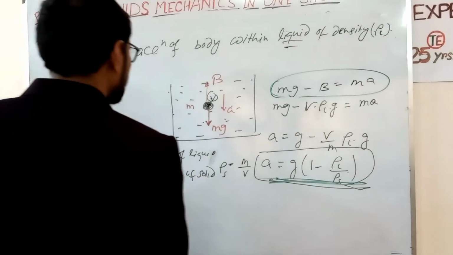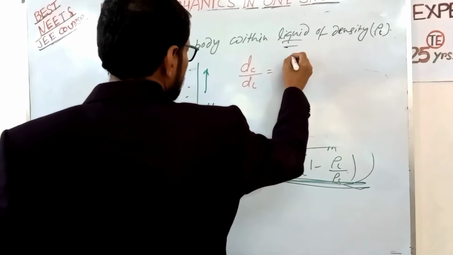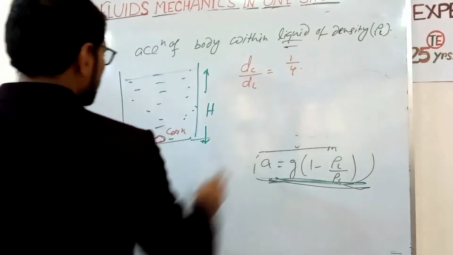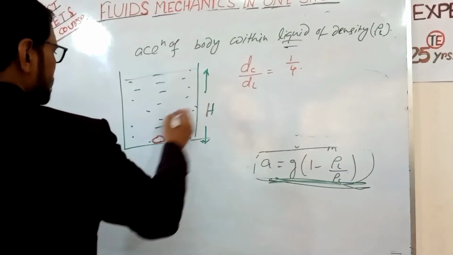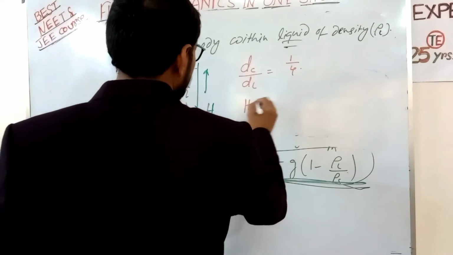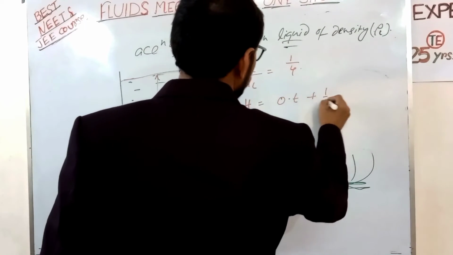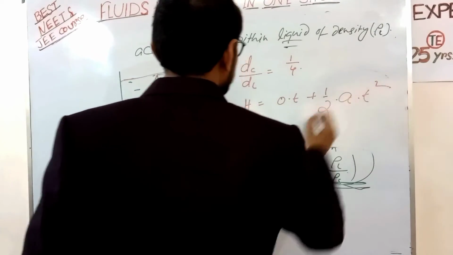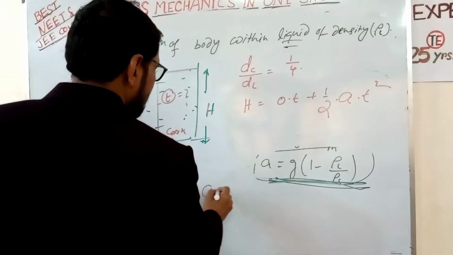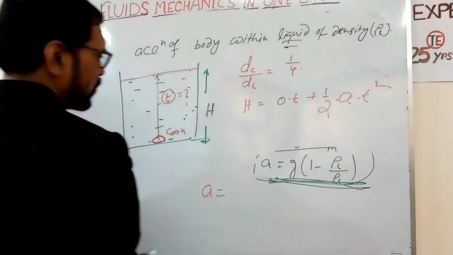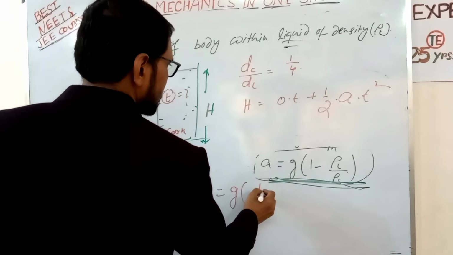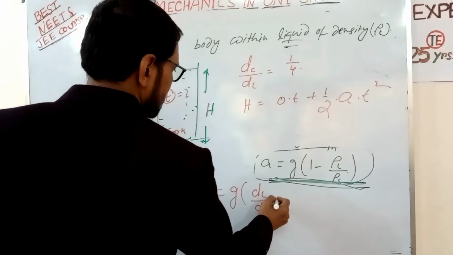So what is the problem? Suppose this is given 1 by 4. The density of the cork to the density of the liquid is 1 by 4. Now this height is h given. So what is the time taken? To find the time taken, we use the equation h equal to 0 into t plus half a into t square. What is a? A equal to acceleration of the cork within the liquid. Now we use this formula: it moves upward, so acceleration equal to g into (dl by ds minus 1).